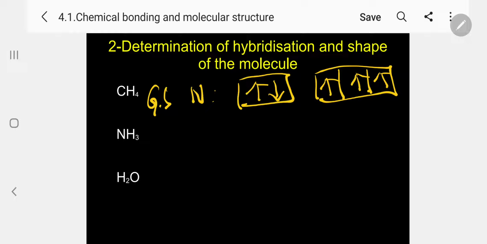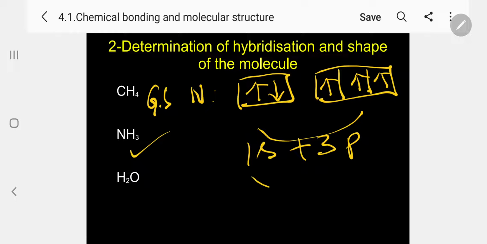There are 3 unpaired electrons in the orbitals. An orbital having an unpaired electron will form a bond according to valence bond theory. Here in ammonia only 3 atoms are involved, so the lone pair will not get excited. Now it undergoes hybridization: 1s plus 3p, 1 plus 3 is 4, so 4 sp3.